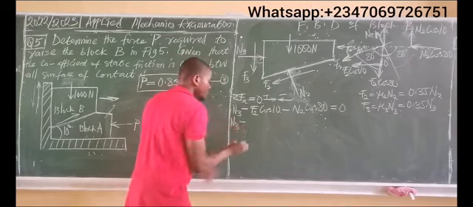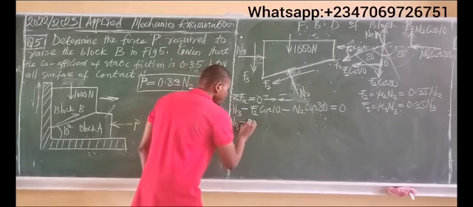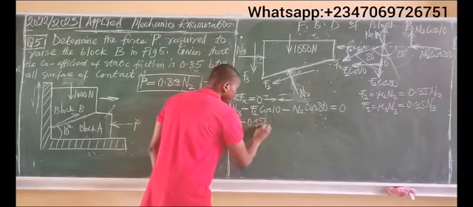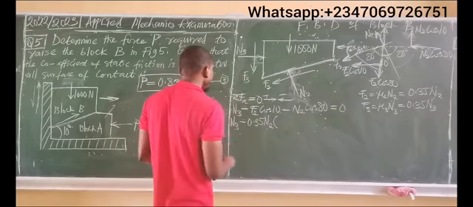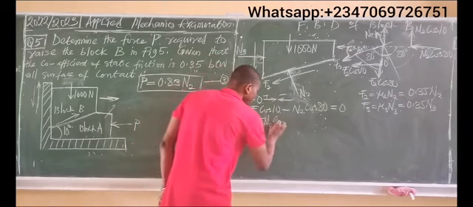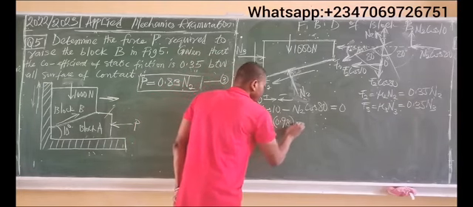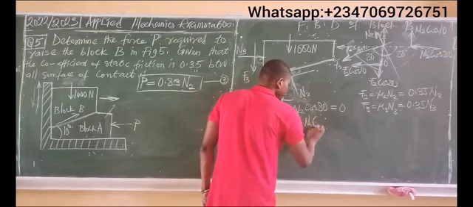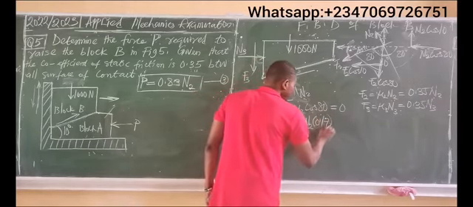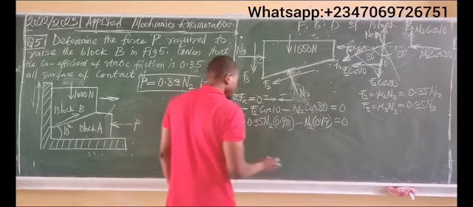N3 minus, in place of F2, F2 becomes 0.35 times N2 multiplied by cos 10. Now, what is cos 10? Cos 10 gave us 0.98, minus N2 cos 80, which gave us 0.17, and this is equal to 0.